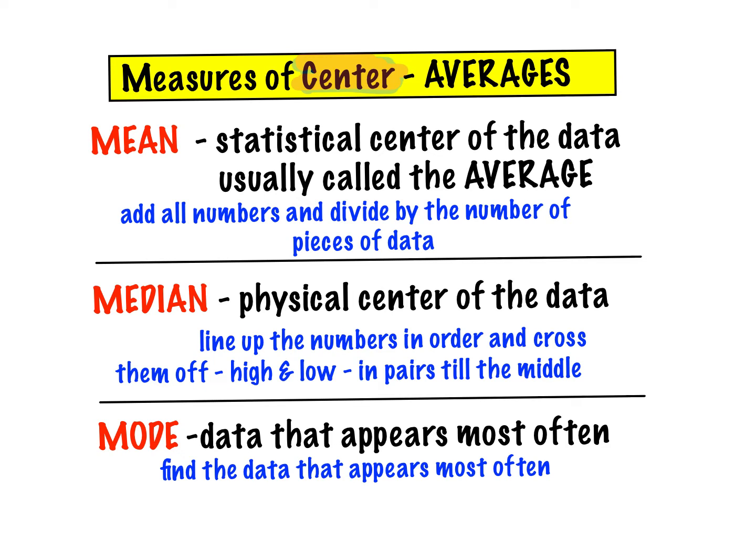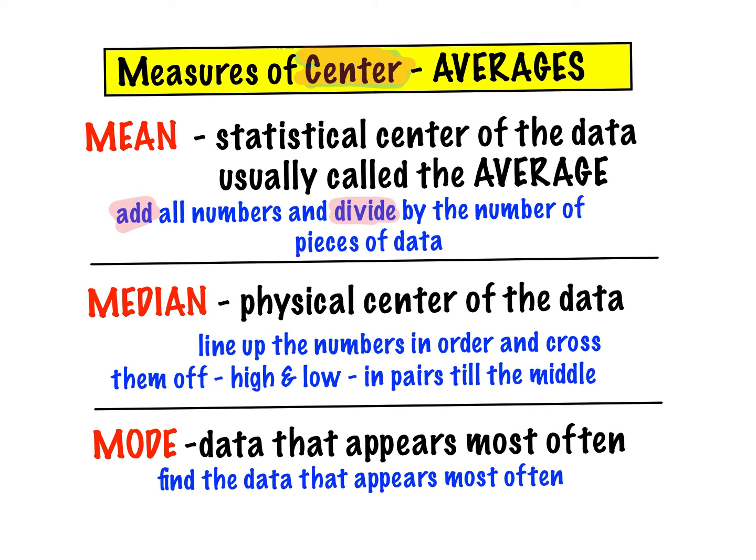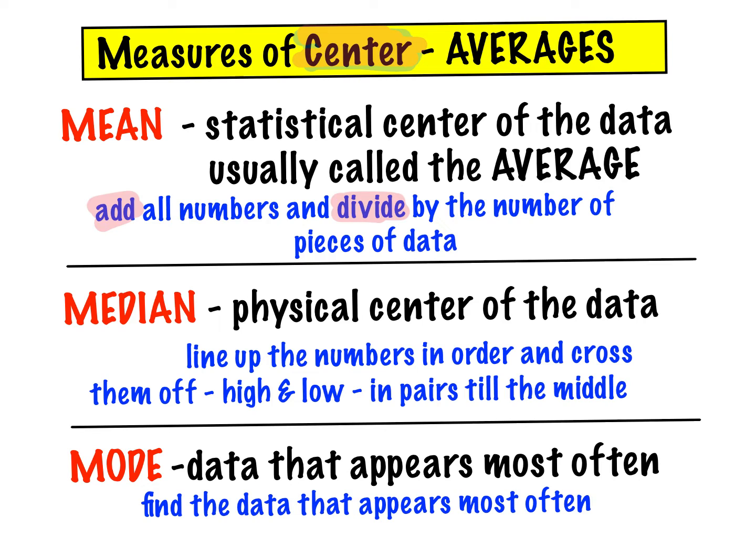To find the mean, you are going to add all of the numbers together and divide by the number of pieces of data that you have. So again, I'm highlighting what you're filling in. You're adding all the numbers and dividing by the number of pieces of data. So basically, when I gave you the average test score, what I was doing was I added each of your scores individually. 20, plus 22, plus 25, plus 27, plus 27, plus 22, plus 18, plus 13, plus 2, plus whatever it is.